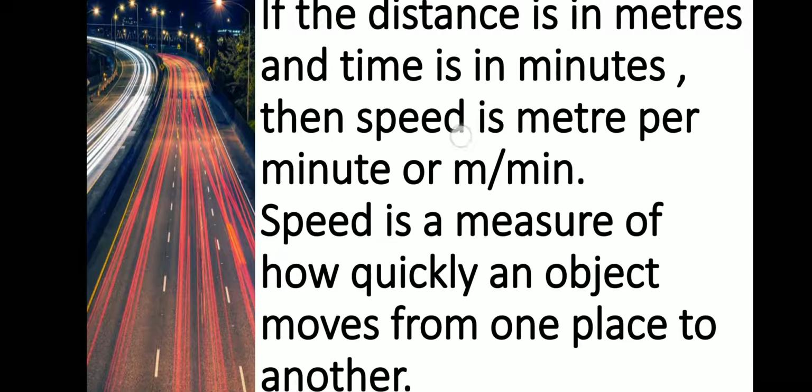If the distance is in meters and time is in minutes, then speed is meter per minute or small m per minute. Speed is a measure of how quickly an object moves from one place to another.